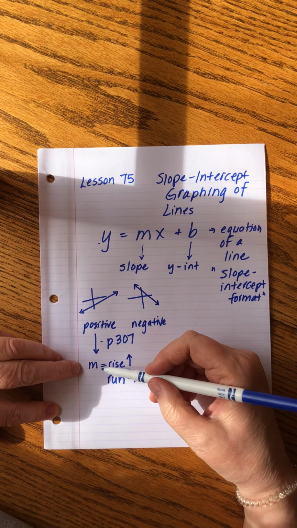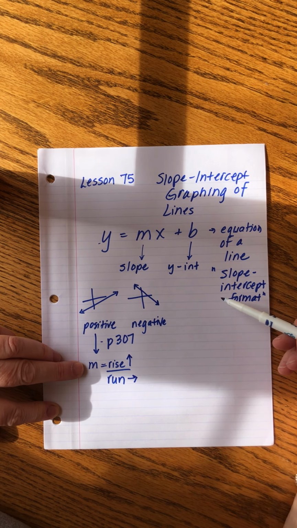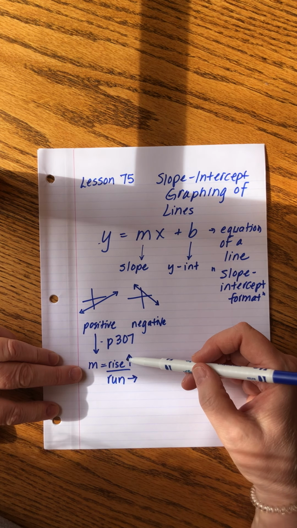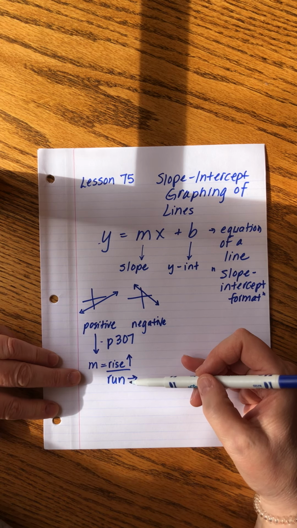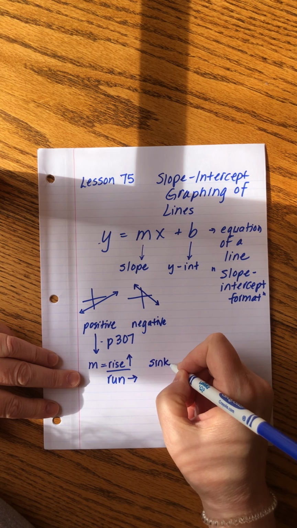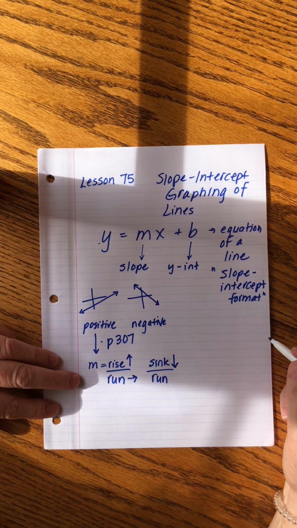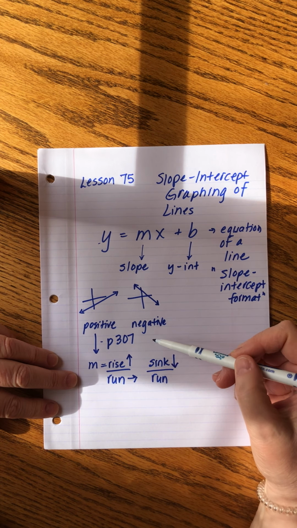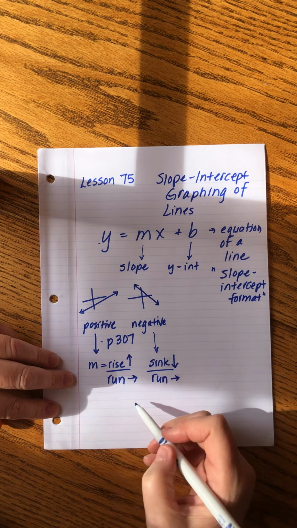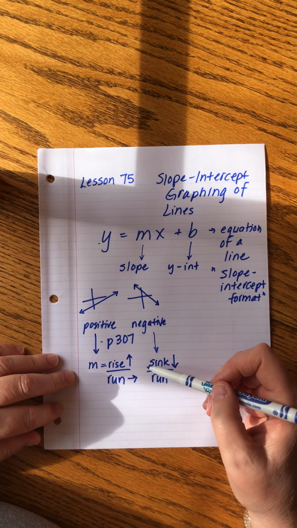So when we're counting out the slope from our starting point, we go up for the number in the numerator and to the right for the number in the denominator. Sorry, that was confusing. If it's a negative slope, I call it the sink over the run. We go down from our starting point as we count out the slope with a negative, but the run always goes to the right. Okay, so this is how we move from our starting point to the second point so we can draw our line.